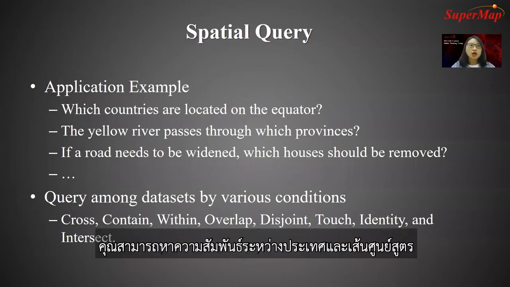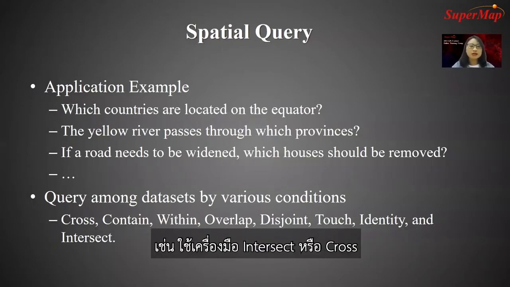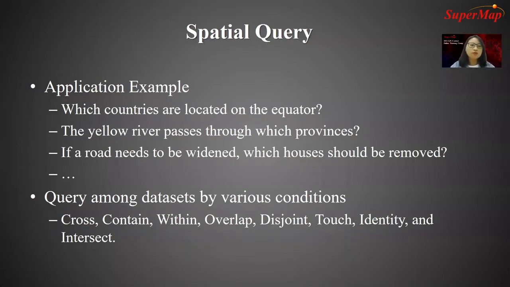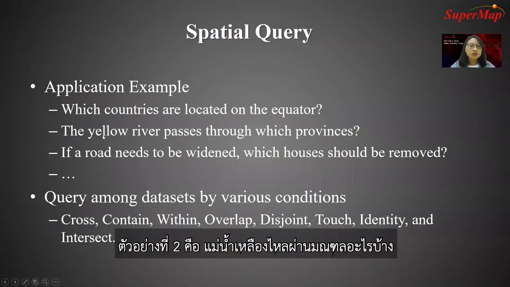You can find out the relationship between the countries and the equator, such as the intersection relationship, or cross relationship. And the second example is about which provinces the Yellow River passes through.